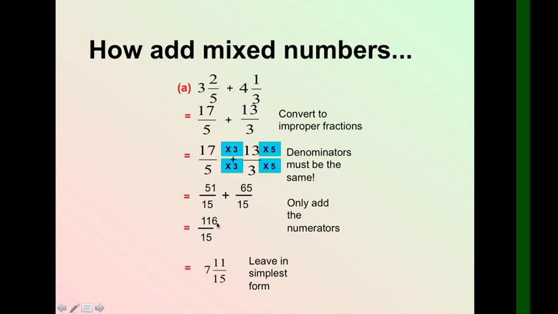Okay? Ang kanilang answer is 105. So 116 minus 105 is 11. Then copy the denominator, which is equal to 15. So this is now our final answer for the expression 3 and 2 over 5 plus 4 and 1 over 3.